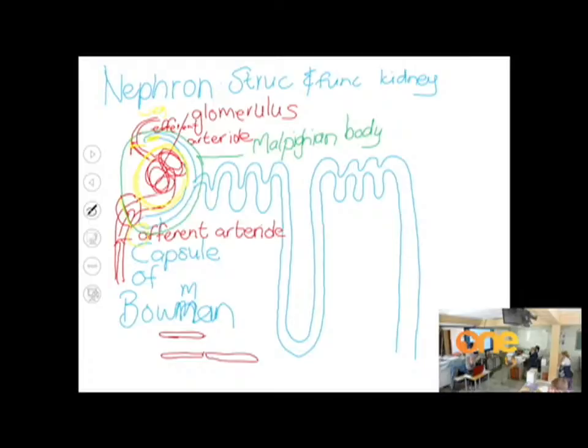If there is very, very high pressure, the substances can be pressed out through the openings between the endothelial cells in the capillaries. So due to this high pressure, there are substances that move into this capsule that looks like a funnel.